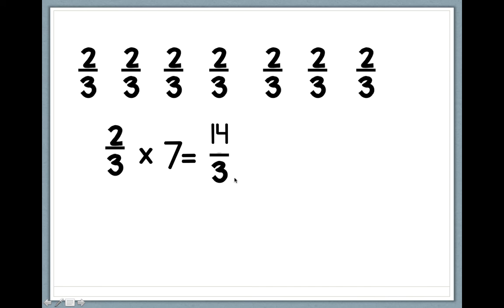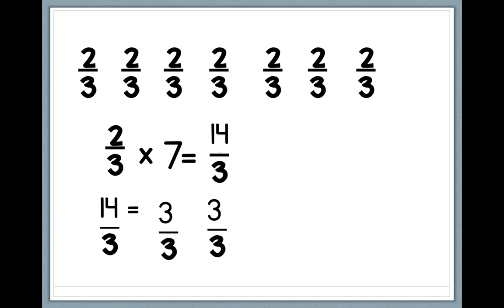But 14/3 is an improper fraction. That means there are a lot of wholes there, right? So I can make wholes just like what we were doing with splats. So how many wholes can we make in 14/3? Well, in 14/3 I can make a whole, 3/3, 6/3, 9/3, 12/3.